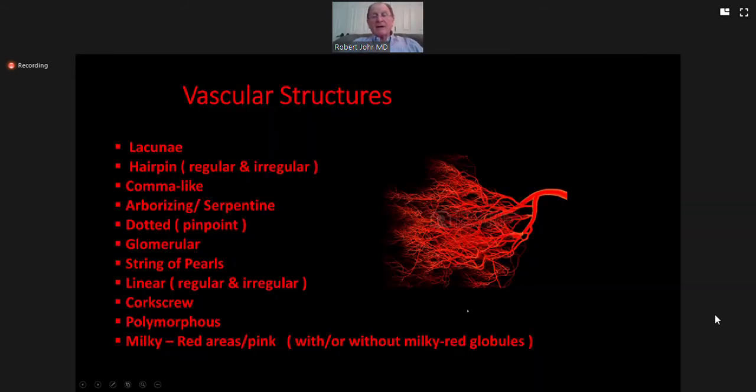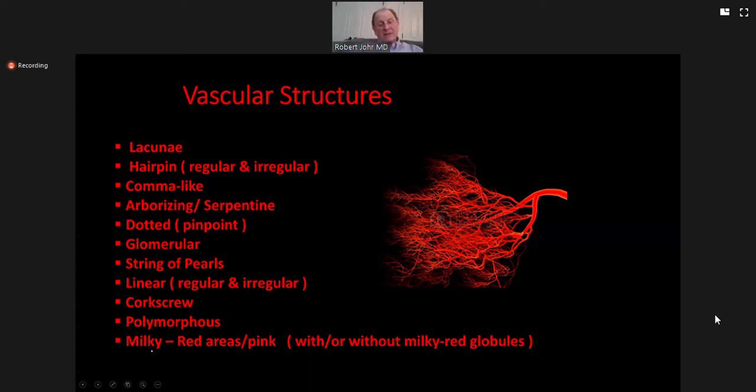So let's talk about vessels. Vessels are very important. You can see lacunae, hairpin shaped, which could be regular or irregular, comma shaped, arborizing or serpentine, dotted, pinpoint vessels, glomerular, string of pearls, linear, which can be regular or irregular, corkscrew shape, polymorphous is many different shapes in a lesion.